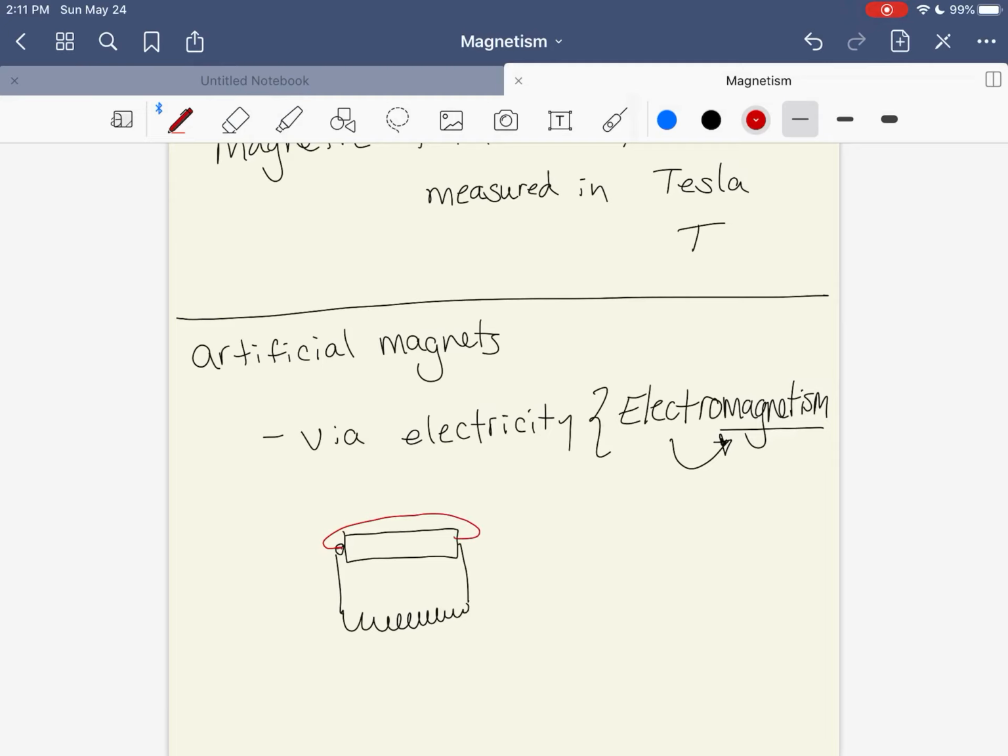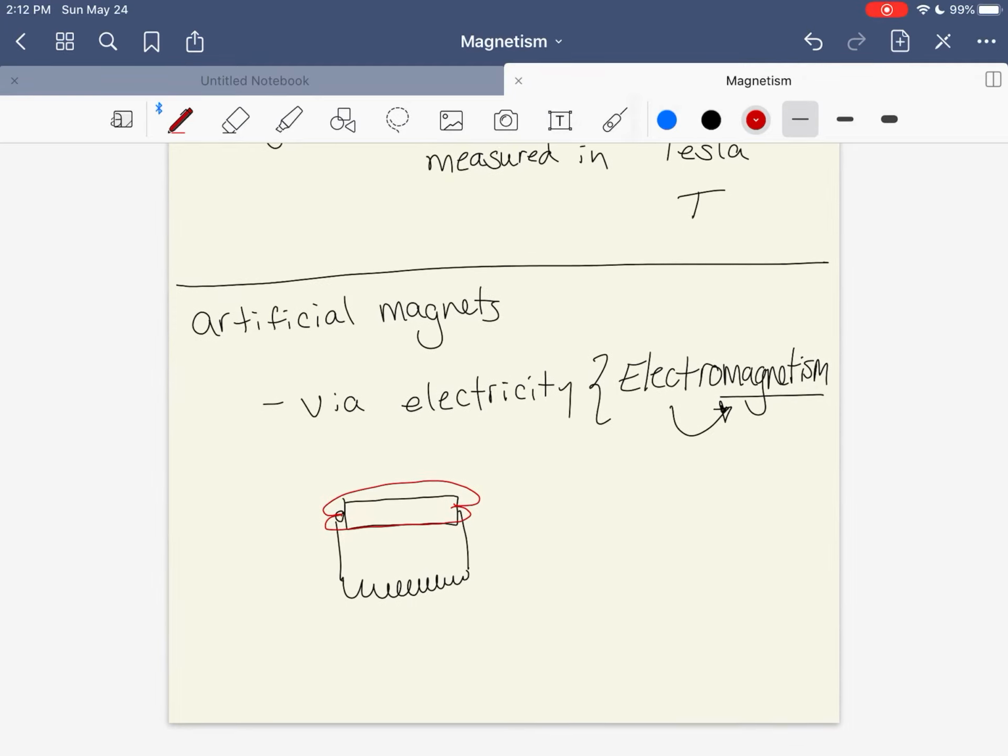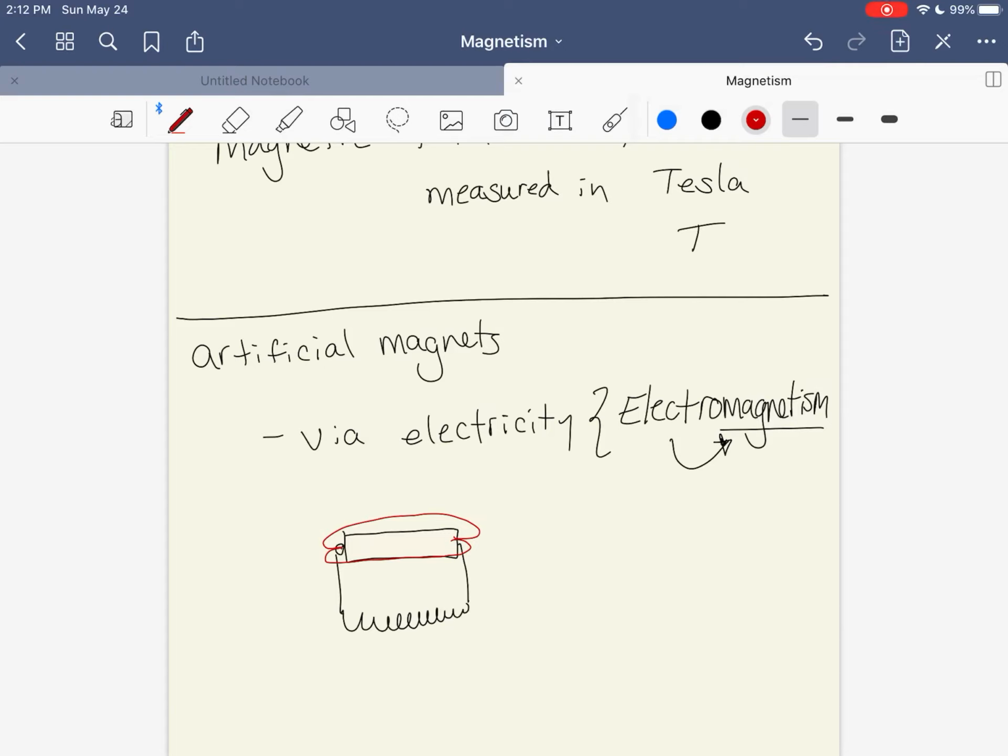You can string a rubber band around the battery to connect the wire to the battery. If you do that, you should be able to pick up some metallic paper clips. So you should be able to create a magnet that will attract other metal materials to it. Okay.